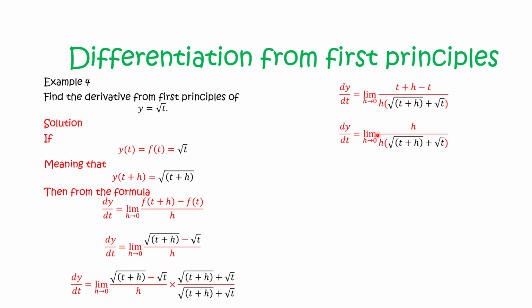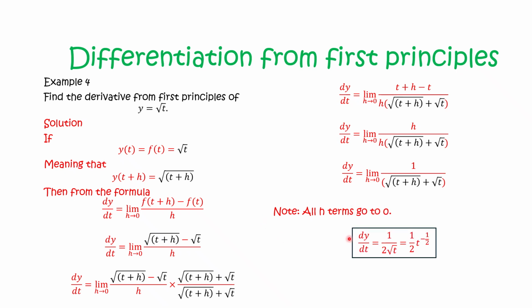And take note, we have a common factor between the numerator and the denominator of h. So the h terms will cancel out, so that we end up having the limit as h approaches 0 of 1 over that conjugate. Then we know what follows next. All h terms go to 0.